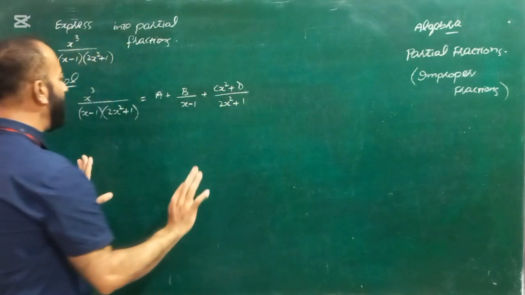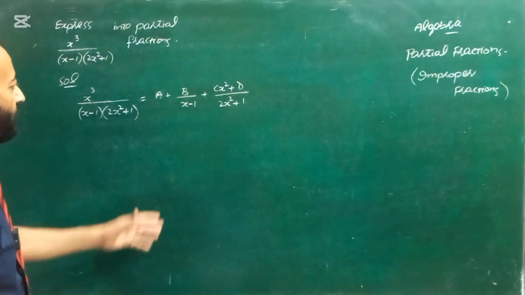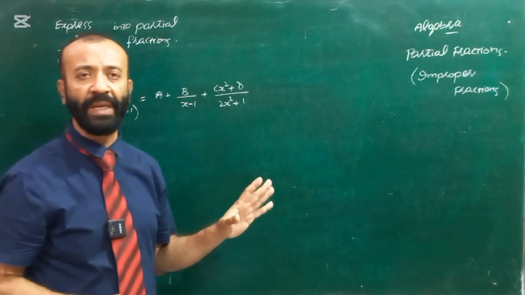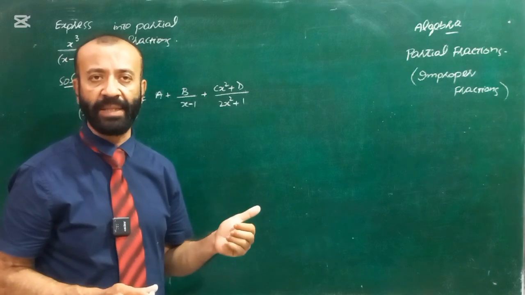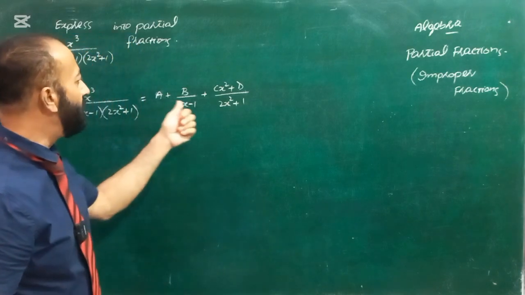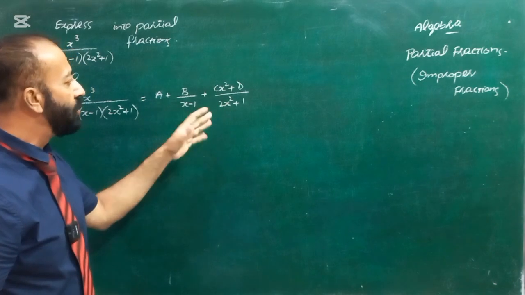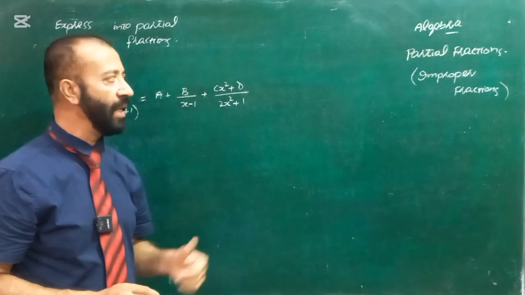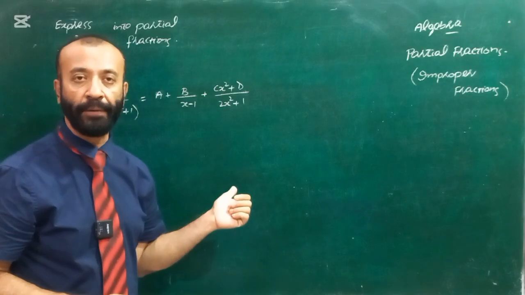This will be the first step, and from here onwards you will take the LCM. All the rest of the steps will be the same: take the LCM, then compare, then find the values of A, B, C and D and then put them into this. Now you will do the rest of the steps and I'm hopeful you will do it.